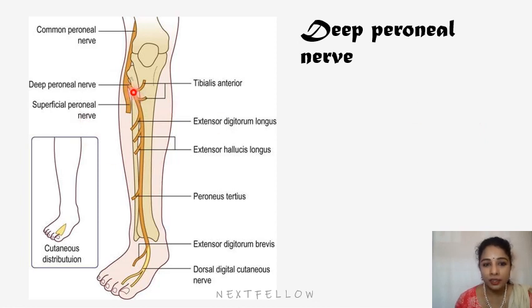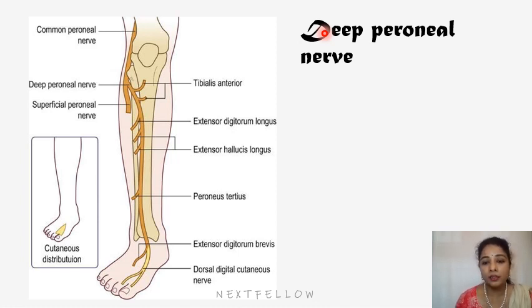We can see here it runs obliquely forwards, deep to the anterior compartment muscles, that is extensor digitorum longus. It passes deep to extensor digitorum longus, in front of the interosseous membrane, and reaches the anterior compartment along with the anterior tibial artery.